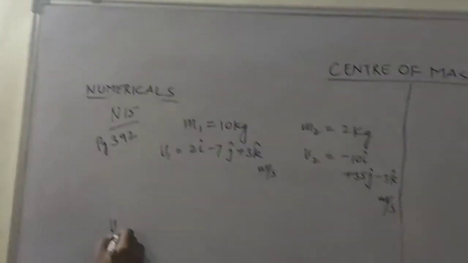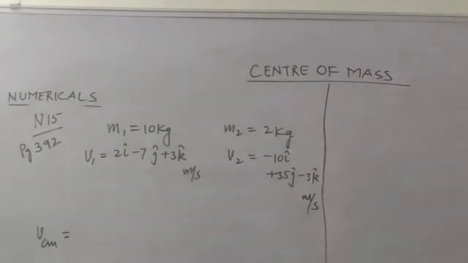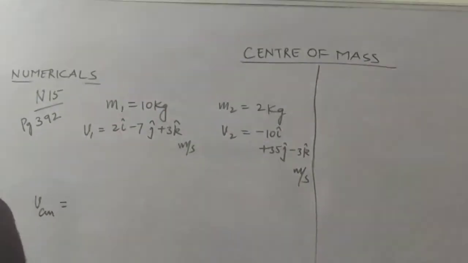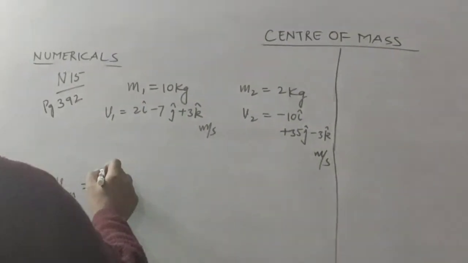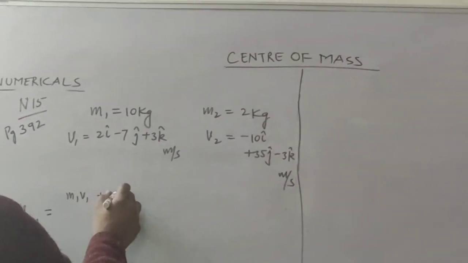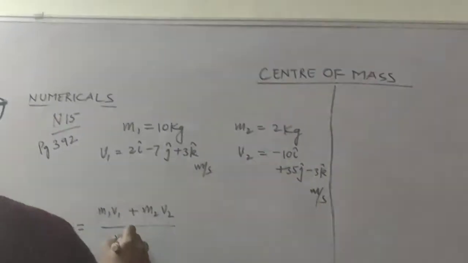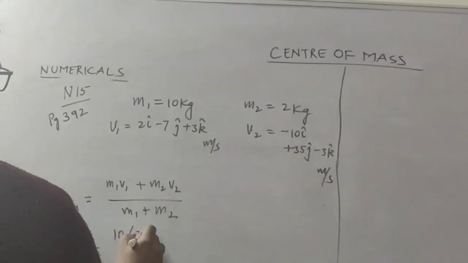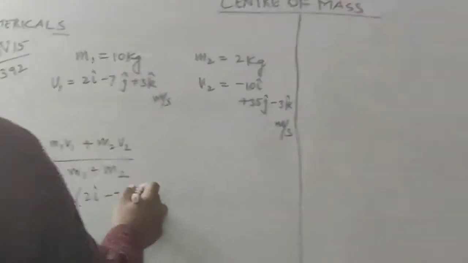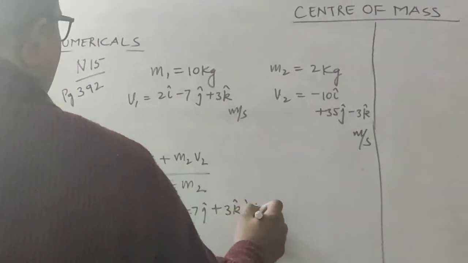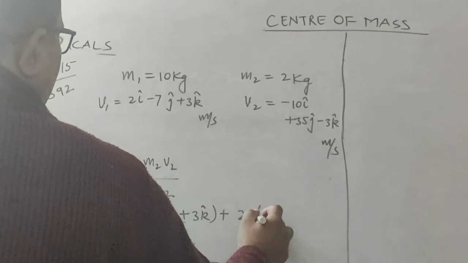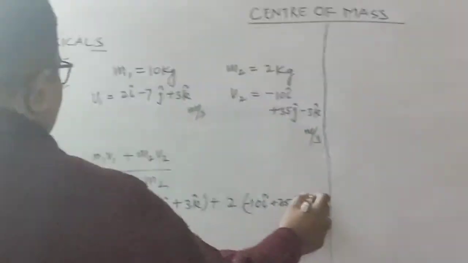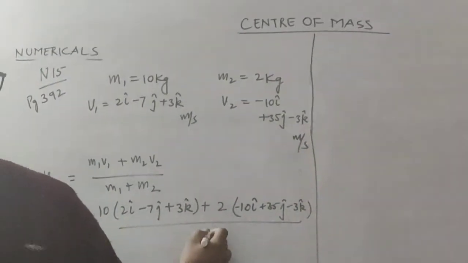So here, velocity of center of mass is (M1 V1 plus M2 V2) by (M1 plus M2). M1 is 10, V1 is 2 i cap minus 7 j cap plus 3 k cap, plus M2, which is 2, V2 is minus 10 i cap plus 35 j cap minus 3 k cap, upon M1 plus M2, that is 12 kilogram.